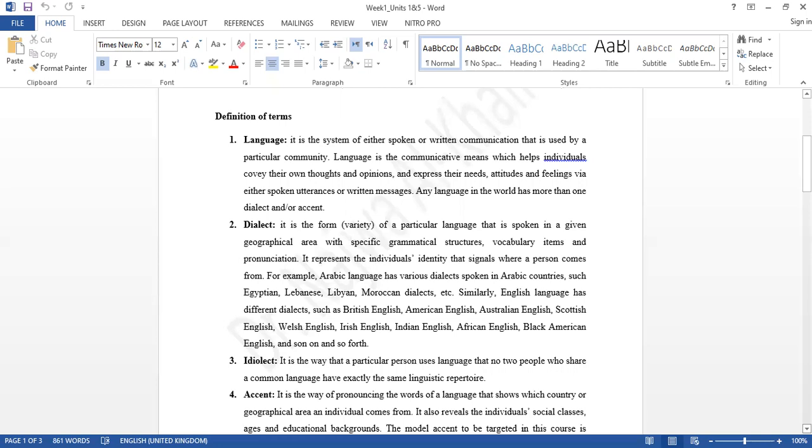It reveals the individual's social classes, ages, and educational backgrounds. It's something related to the way you pronounce sentences, phrases, or all the speech that you utter, in which accent you are speaking out. So an accent could be part of a dialect.